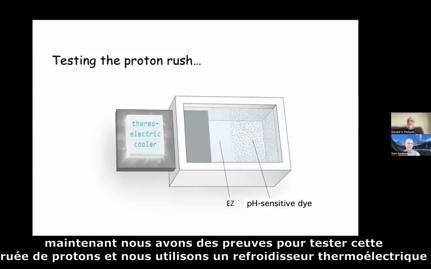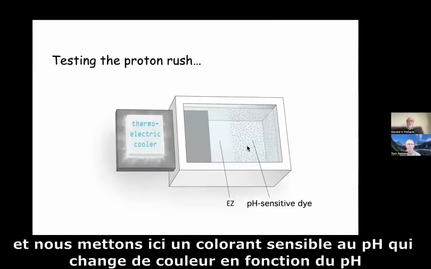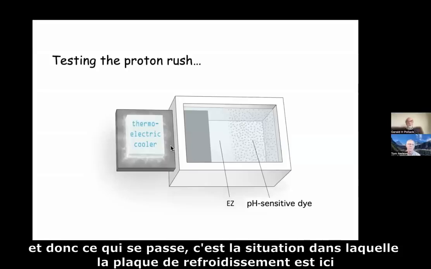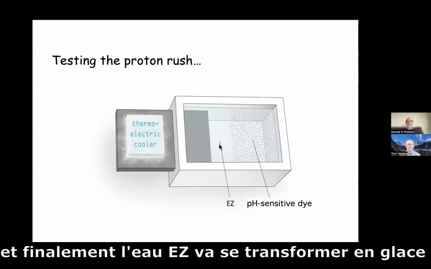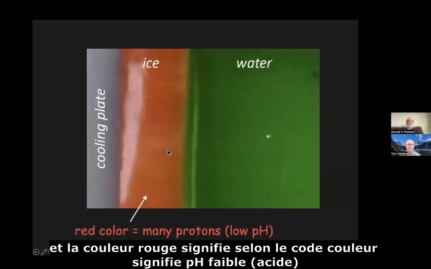Now, we have evidence to test for this proton rush, and we used a thermoelectric cooler in a chamber where we have EZ water sitting here, and we put a pH sensitive dye in here, which changes color depending on the pH. The cooling plate is here, and eventually this is going to turn into ice. When it turns into ice, you can see the red color of the ice and the green color of the water. The red color means, according to the color code, low pH.